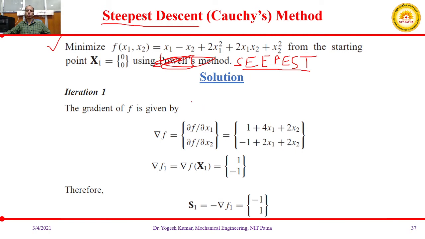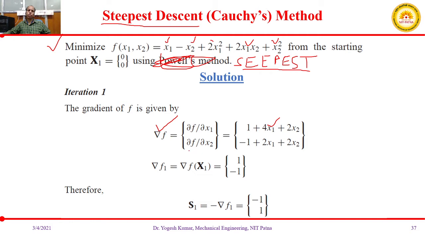As the steepest descent method is based on the gradient, first we will calculate the gradient of the given function. Take the partial derivative of the function with respect to x1: this will be 1, this will be 0, this will be 4x1, this will be 2x2, and this will be 0.